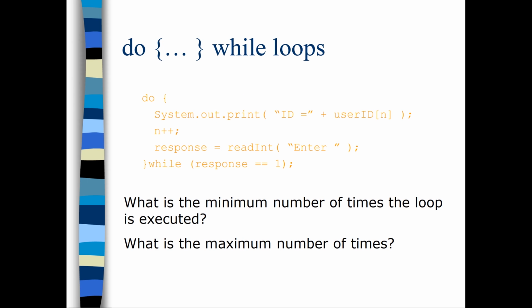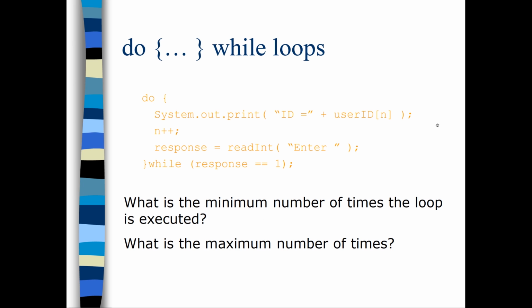So the do while loop. The uniqueness of the do while loop is that do executes your block of statements even when the condition is false at first. So for example, what is done over here is do and execute these statements. Here we know that there is no condition check up front, the condition check is at the end of this do loop, that is while response is equal to 1. So even if response is not equal to 1, this will execute at least once in its loop's life cycle.